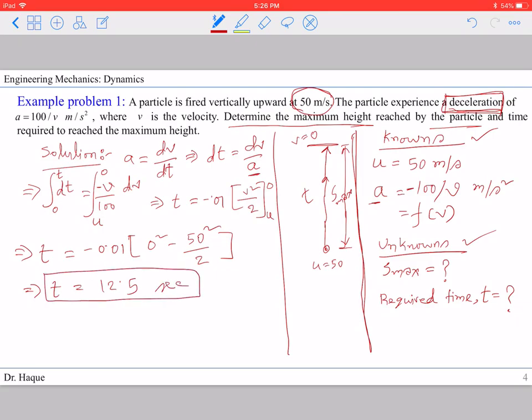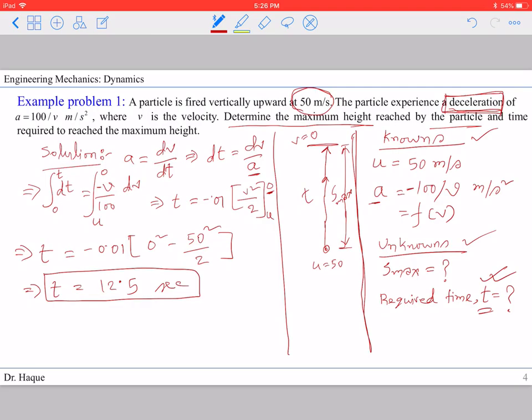So the time we got is positive, and 12.5 looks reasonable, so we got one part of the answer. The required time to reach maximum is 12.5. We assume the final velocity is 0, because when it reaches the maximum, at that point the final velocity would be 0.